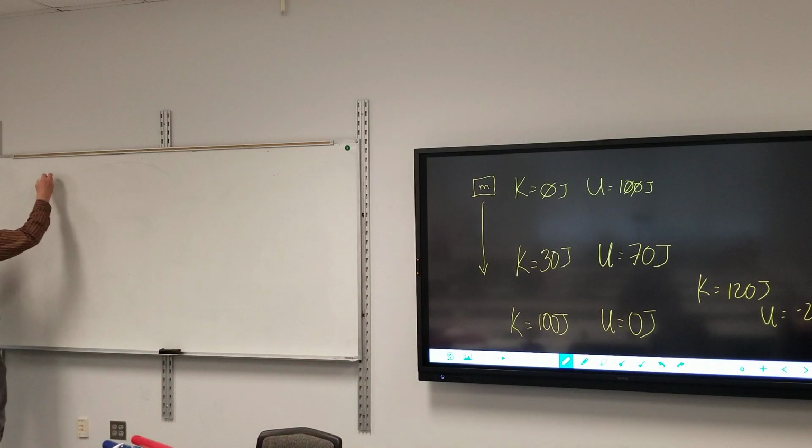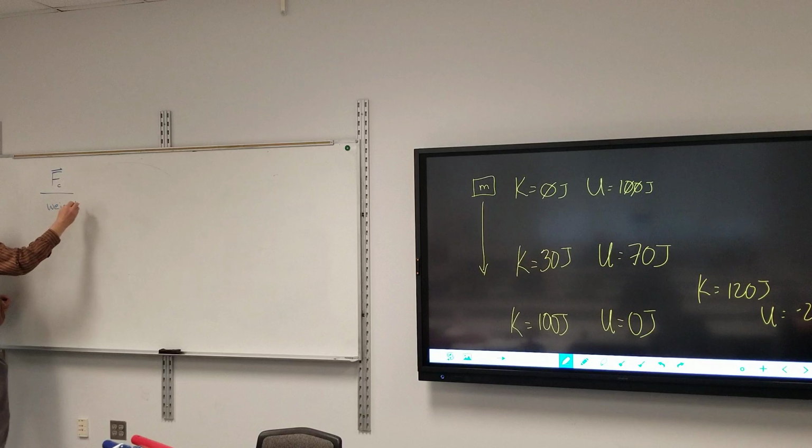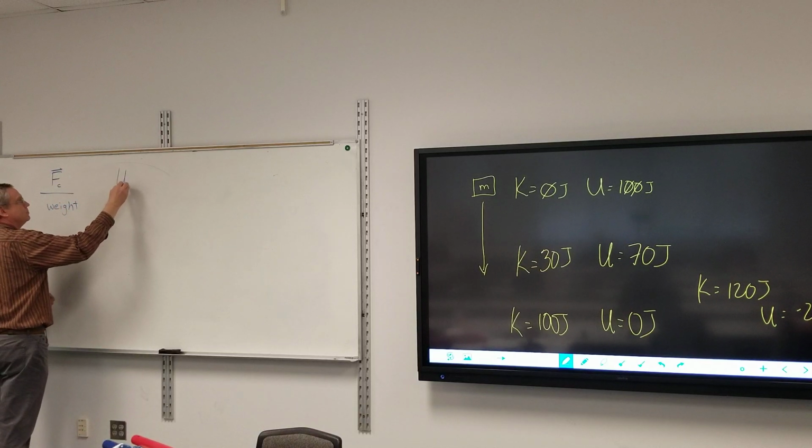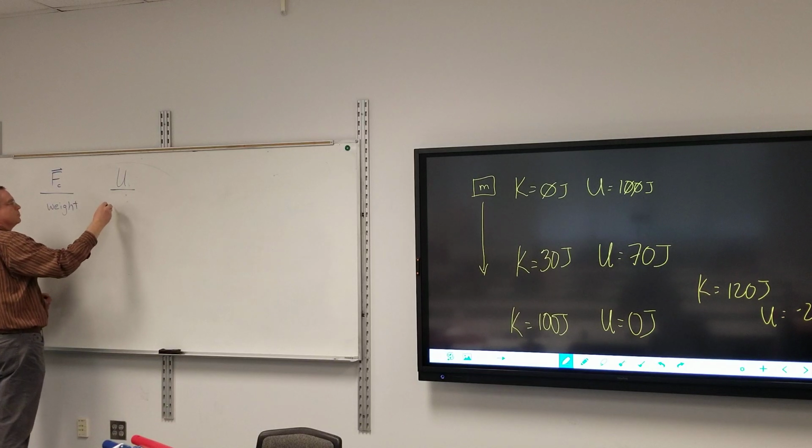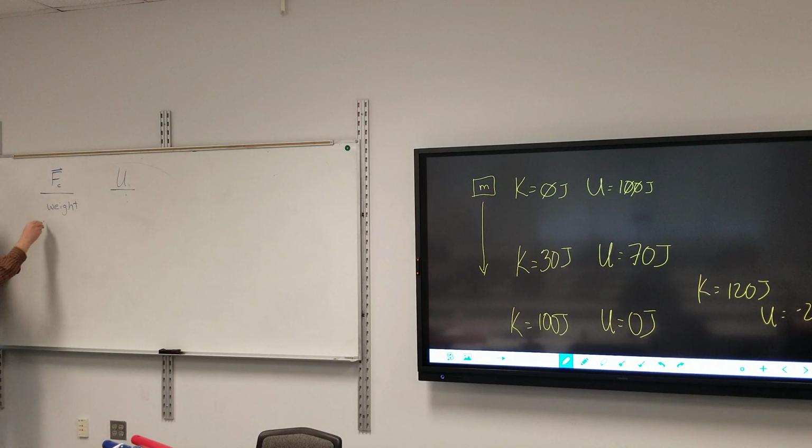All right, so the conservative force, its weight, the potential energy formula, actually that's the one we're going to derive, we're going to leave that one blank.